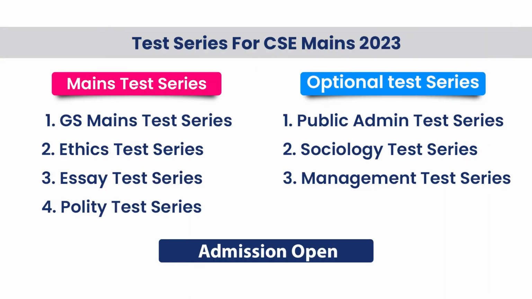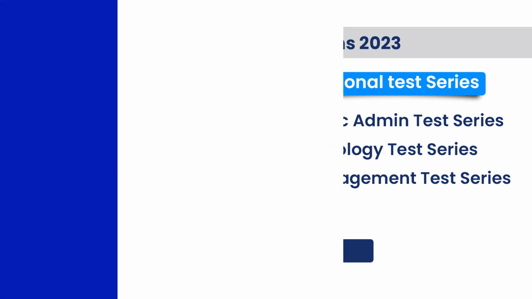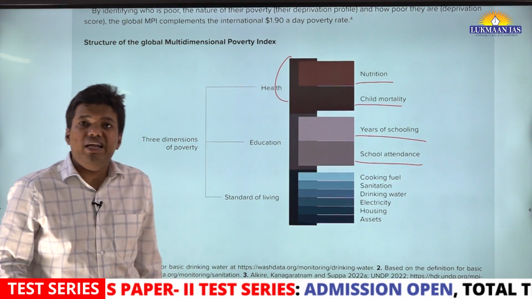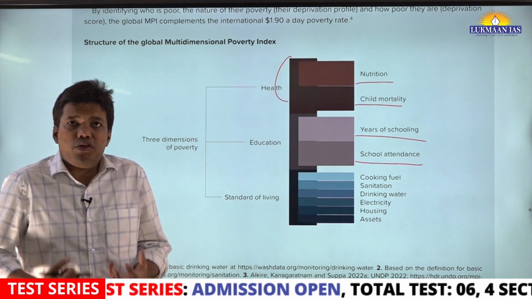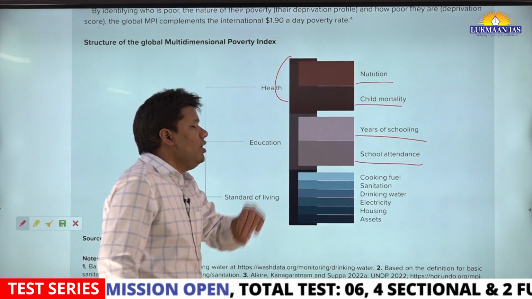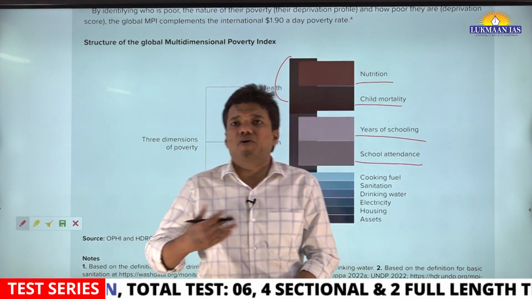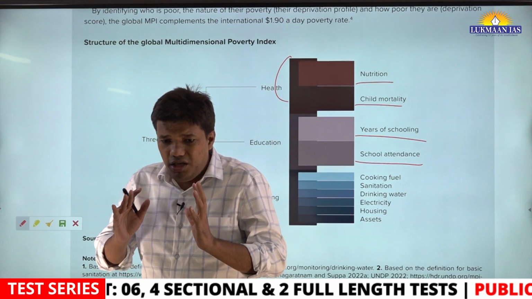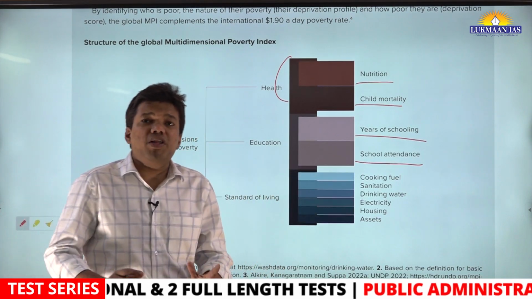Within this, health they have categorized into nutrition and child mortality, right? And education they have categorized into years of schooling and school attendance. See, school attendance is not sufficient. Years of schooling, and even our National Education Policy has gone one step forward. They say not only years of schooling and attendance, but the quality of education.